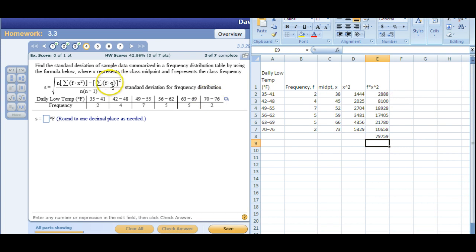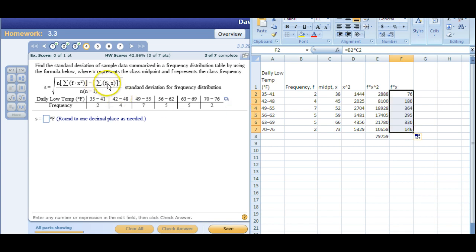Okay. Next I need to do f times x. So I'm just going to type f times x to name the column. F is again the frequencies, times x is the midpoints. Enter. Alright, and I'm going to drag that all the way down.